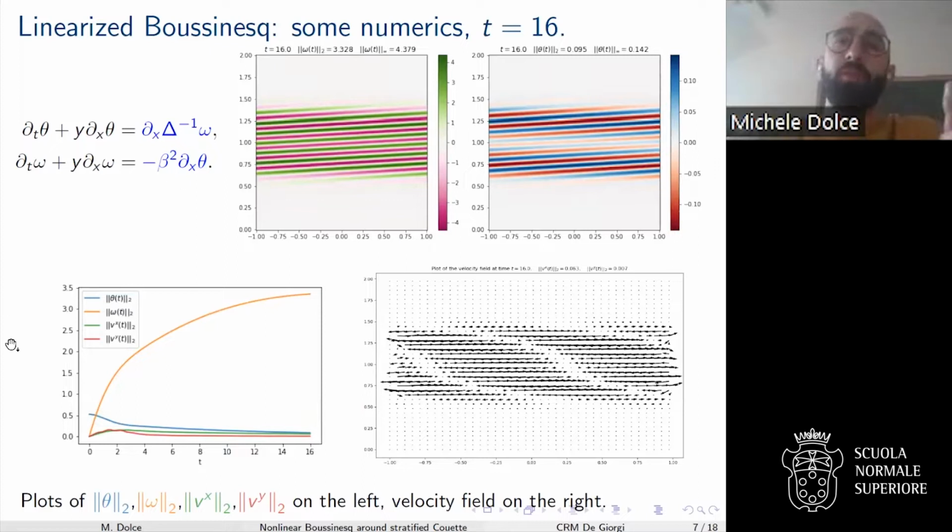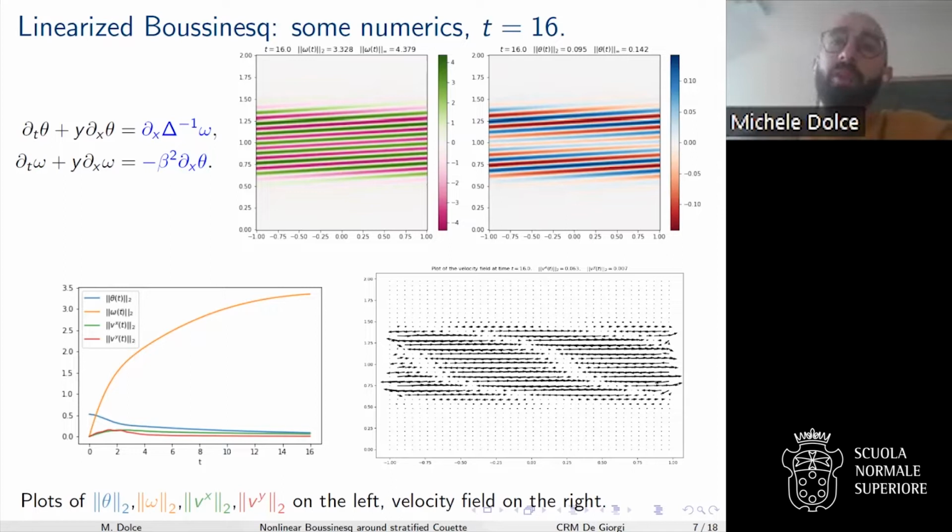But then what is more interesting, and I would like to stress, is that indeed the L2 norm of the vorticity is actually growing. And this kind of resembles a square root of t as a time dependence. And you also observe that the density is decaying. So this is not purely a forcing term. There is some mechanism going on.